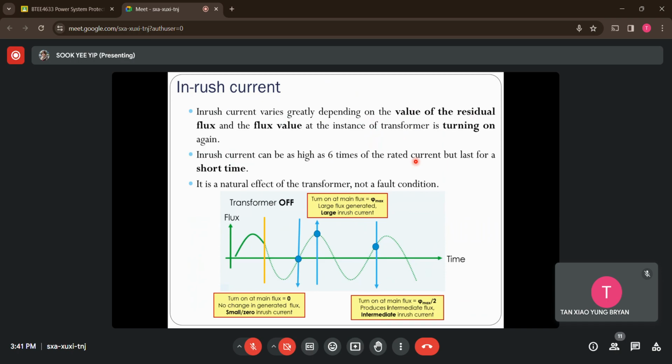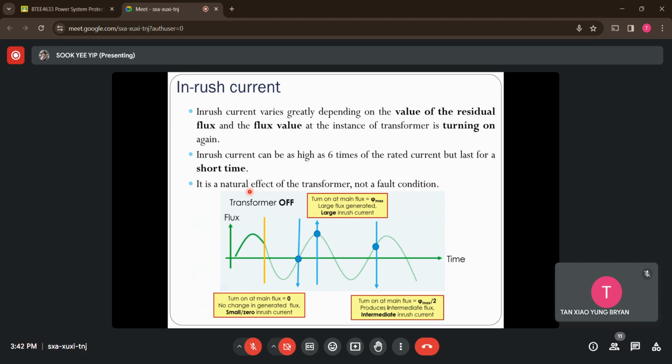It will slowly go back to its rated current value. So it is very important to know that inrush current is a natural effect of the transformer when we turn it back on. When we develop the protection system, it should not trip, else it will give us false tripping due to this high inrush current value.